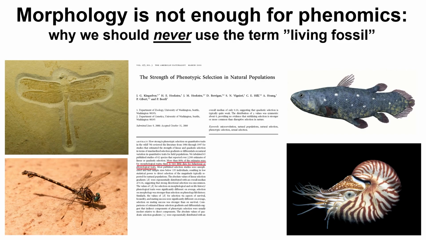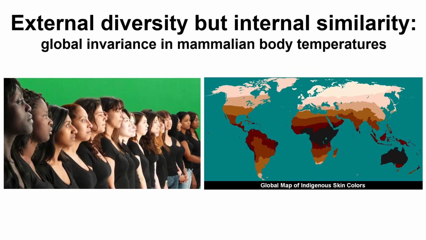They found that more than 80% of all selection estimates from natural populations were on morphological traits, and there were very few selection estimates on behavioral and physiological traits. So I think it's more important than ever that we think about these other non-morphological traits, and particularly traits which are plastic and change during the course of ontogeny.